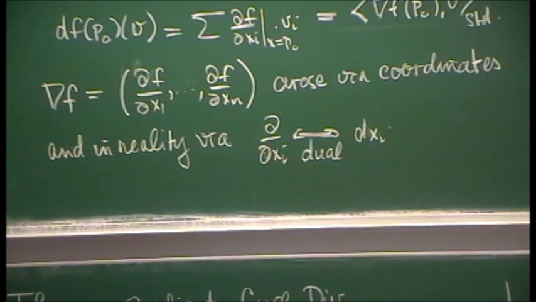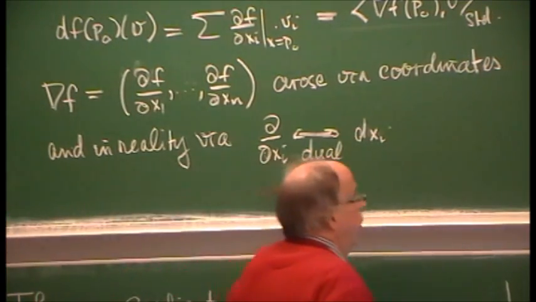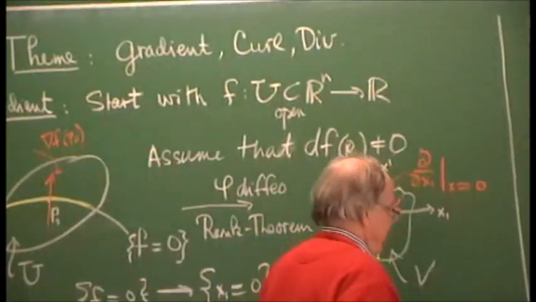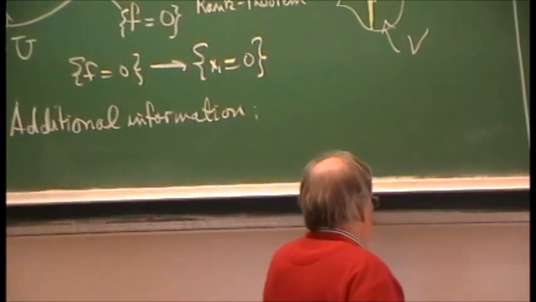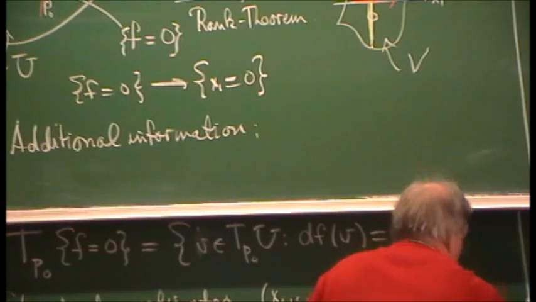So the next time you see the gradient, you better hope that either you're in some standard situation like Rn, or somebody has given you a metric. So let's be precise about that.